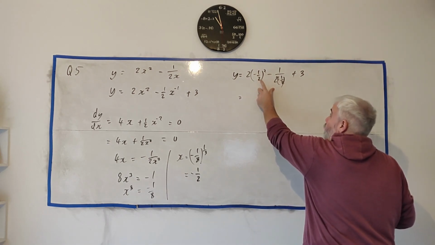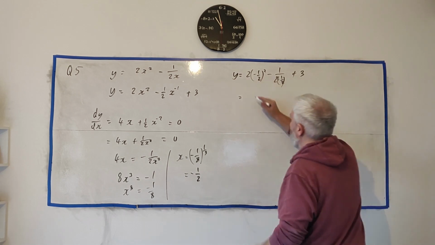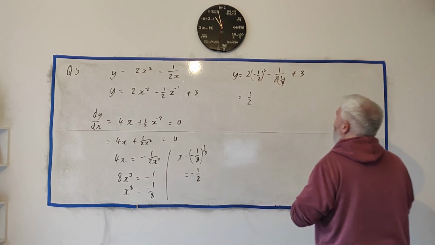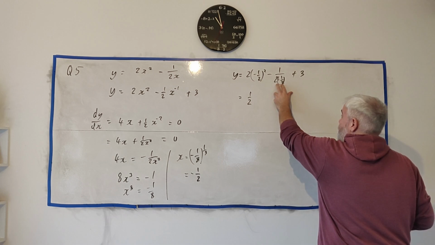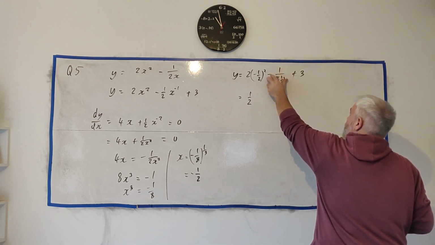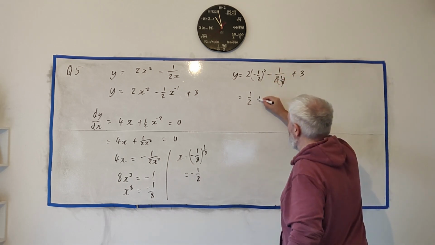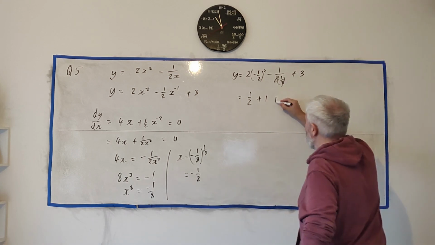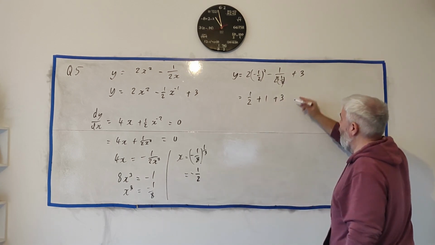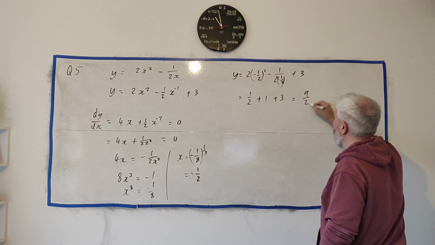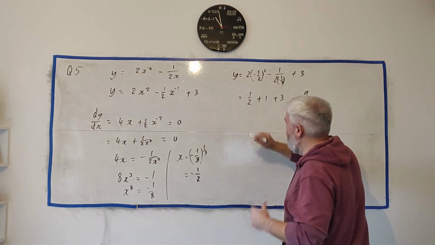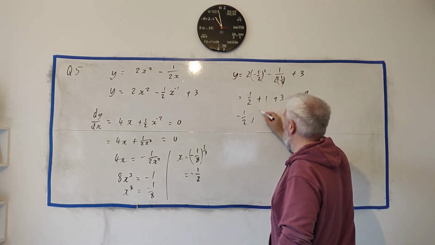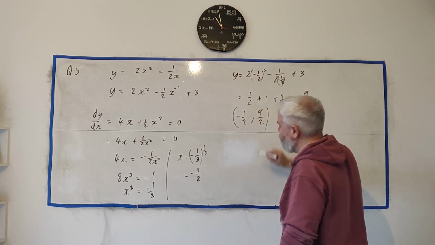Two halves multiplied make a quarter. A quarter of 4, that's a half. Let's see, 2 times minus a half, that's minus 1. Minus 1 divided by minus 1, that's plus 1. And then plus 3. So what are we at? 4.5 or 9 over 2. So the stationary point they're talking about is minus a half, 9 over 2.